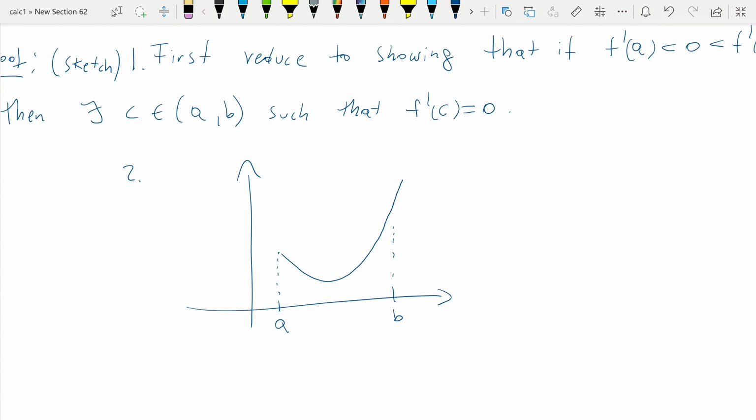Let's sketch one of these proofs. This is not the only way to show this, but this is one way for sure.